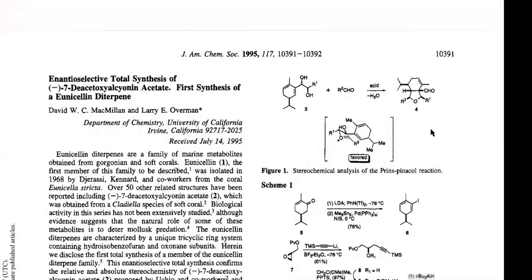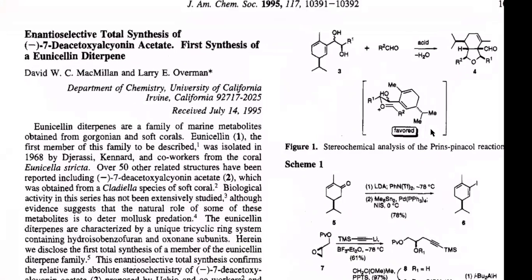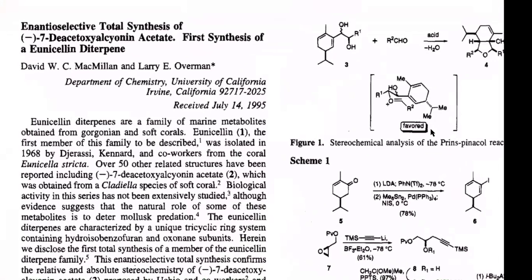Give me the overall goal of the paper, any data, and then application. Okay. So basically, they were using marine metabolites obtained from Gorgonian and soft corals to isolate eunicellin diterpenes.